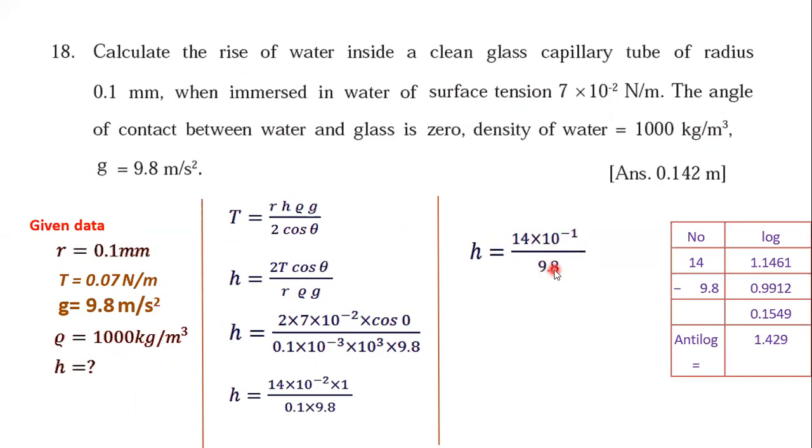Let me do this calculation, 14 by 9.8 by log. So log of 14 minus log of 9.8, you can see, which is 1.429 into 10 raised to minus 1, which is equivalent to 0.1429 meter. And this is the rise of water inside the clean glass capillary tube, whose radius is 0.1 mm.